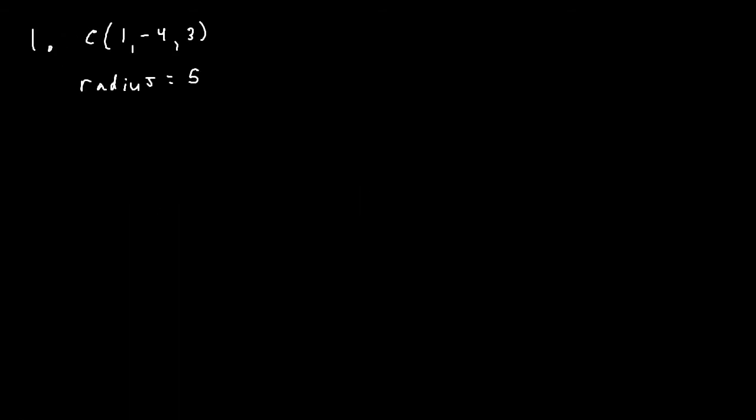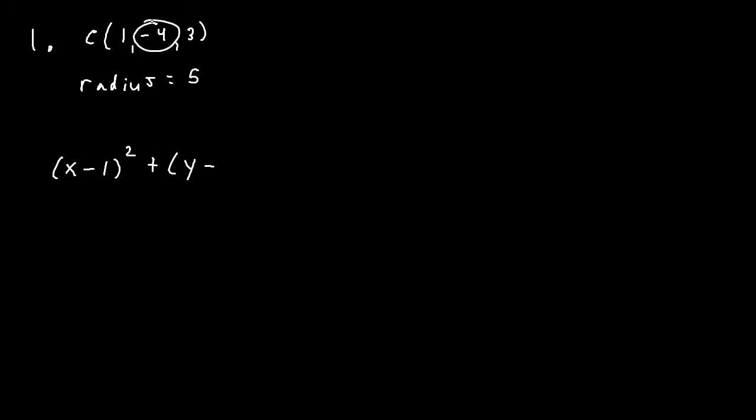So let's say for number 1, we have a sphere with a center at 1, -4, 3, and it has a radius of 5, and we need to write an equation for the sphere. So first we have x minus the x coordinate, which is 1. So x minus 1 squared, plus y minus the y coordinate, which is -4.